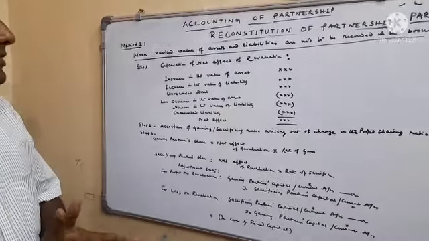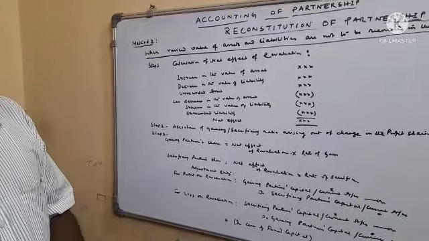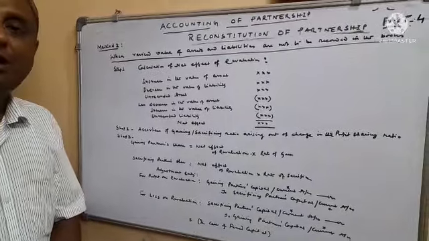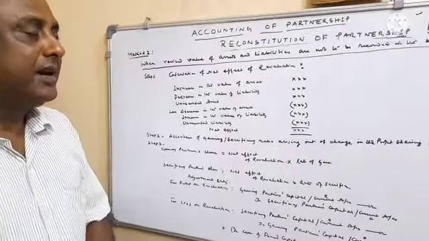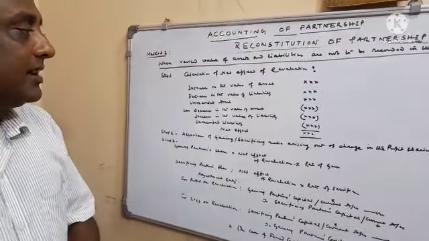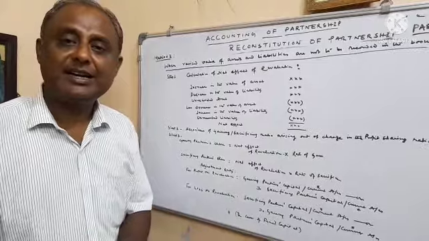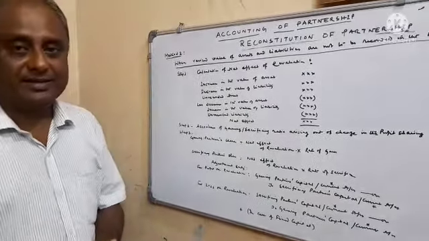Method 2, when revised value of assets and liabilities is not to be recorded in the books. Previously we taught what is revaluation. Revaluation credit side, what are the items we recorded? We recorded increase in the value of asset, unrecorded assets, decrease in the value of liability.